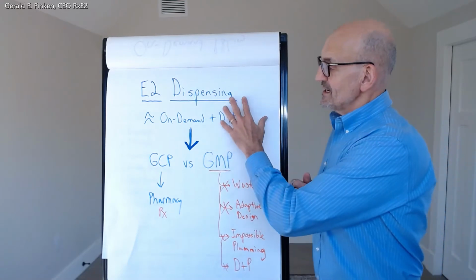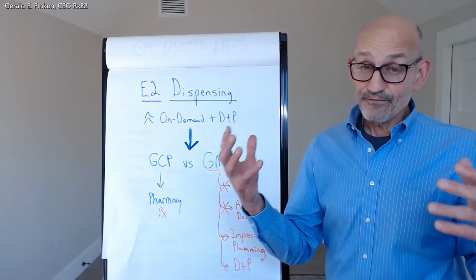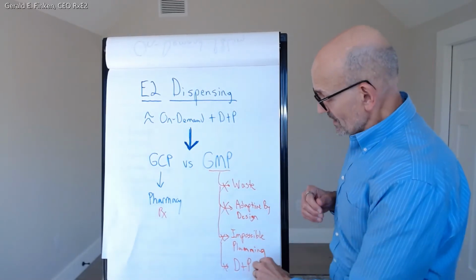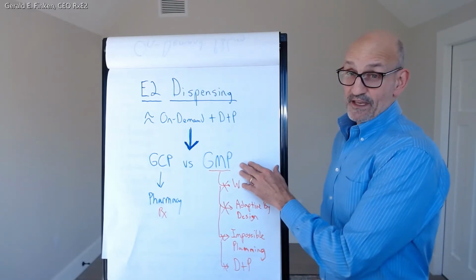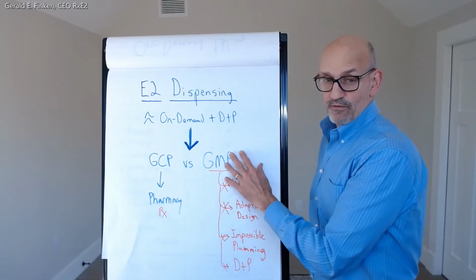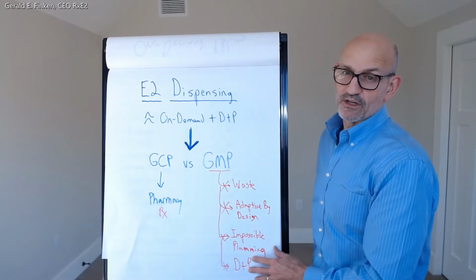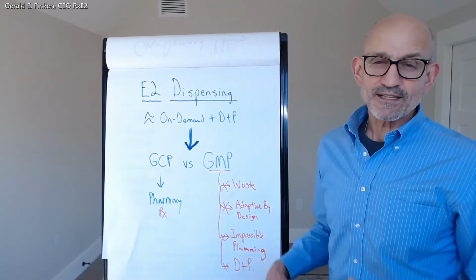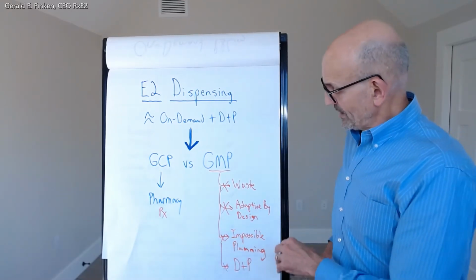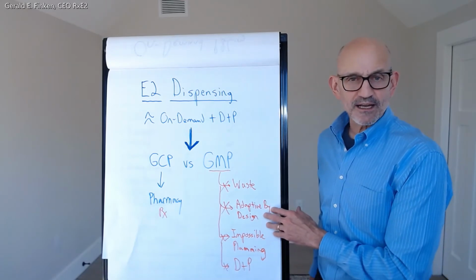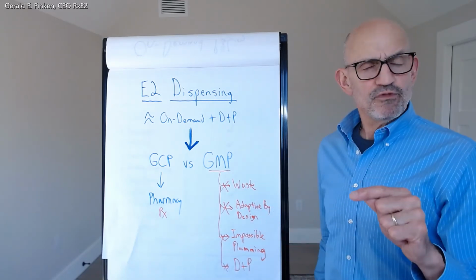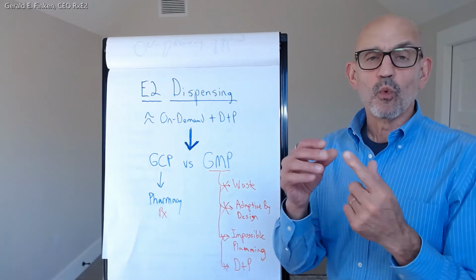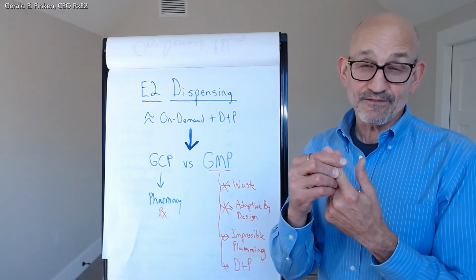So in essence, this E2 dispensing is pharmacy dispensing. What I love about this is that over the years, there were so many things that were difficult for us to overcome. I remember one of the key things was adaptive by design. There are two reasons why that process never really worked. One is we couldn't get the data clean fast enough.